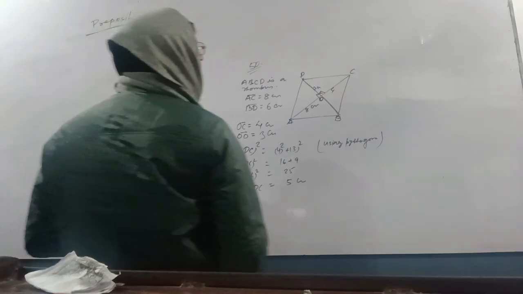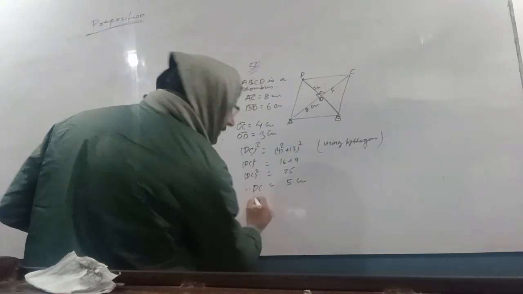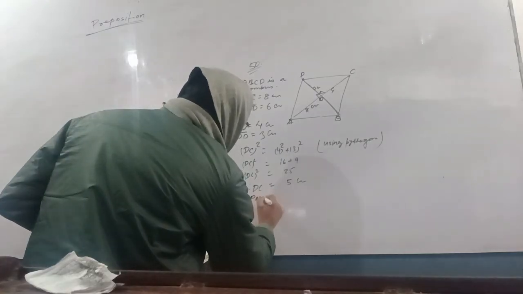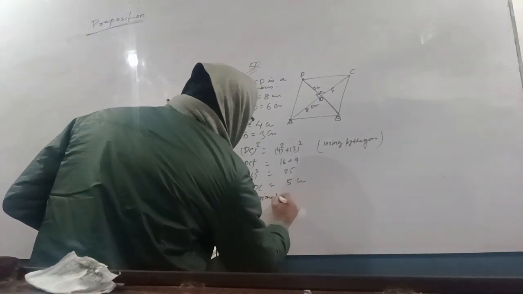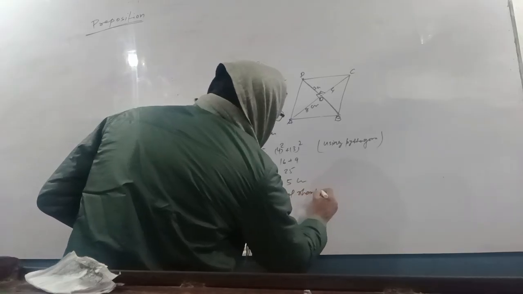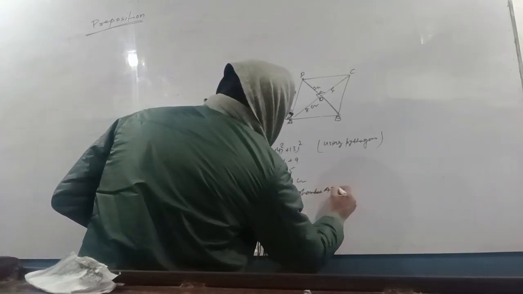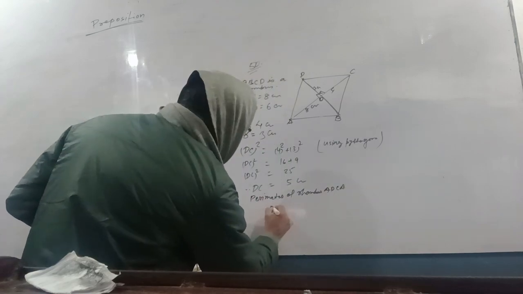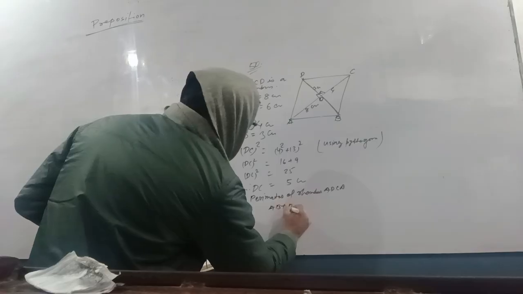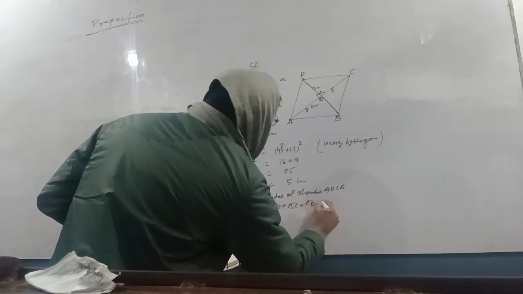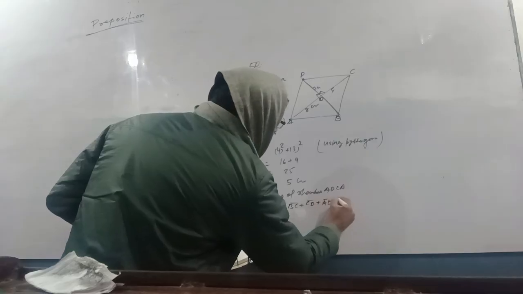So the perimeter of rhombus ABCD is equal to AB plus BC plus CD plus AD.